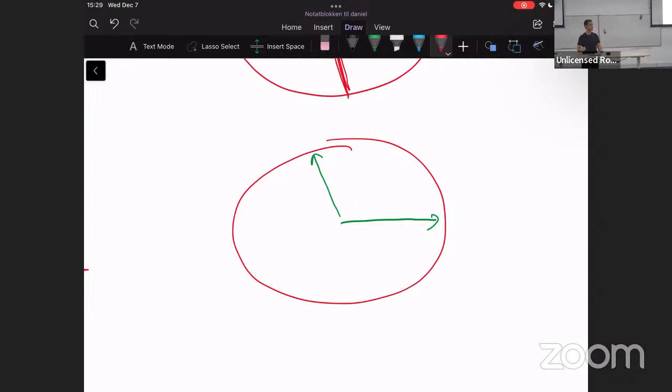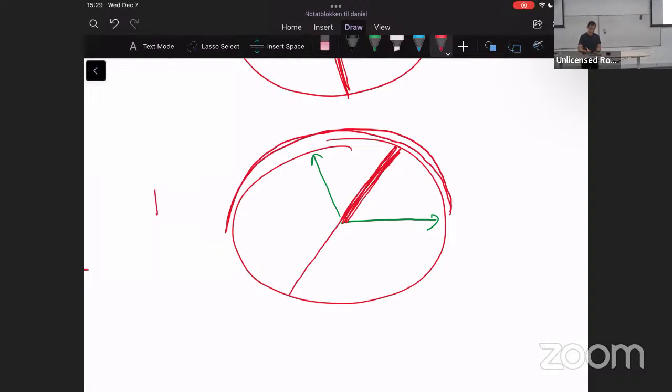But I'm only interested in the top half of the red cutting line. If I'm cutting here, I'm only interested in this part. And this part of the line is uniformly distributed along the half circle, which means that I have pi options for it.